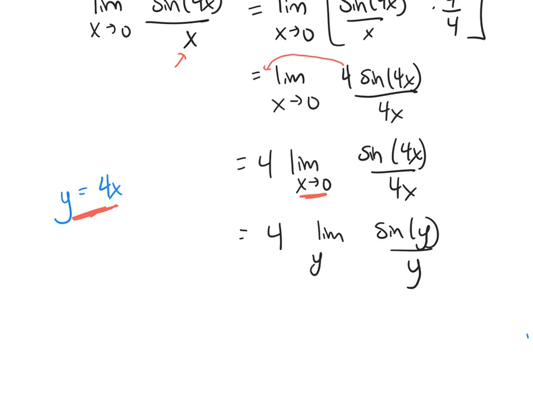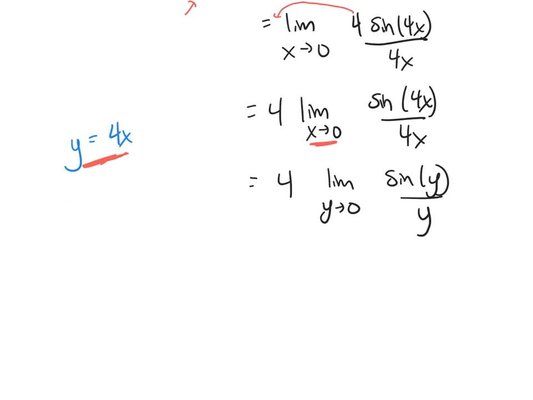So this would be the limit as y goes to 0. And now this part matches perfectly with our first special limit, just with y's instead of x's. So this limit would be equal to 1 according to our special limits. So overall, this limit would be 4.